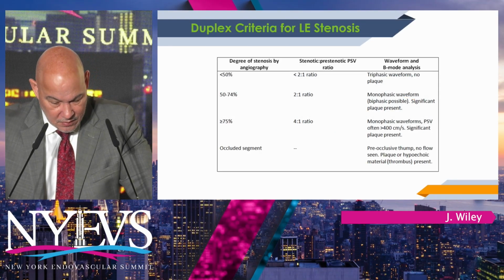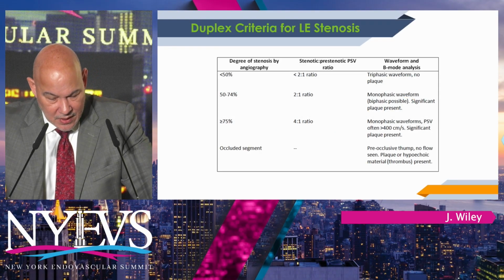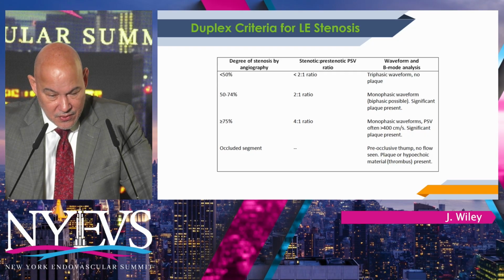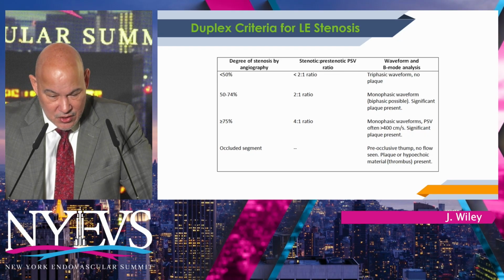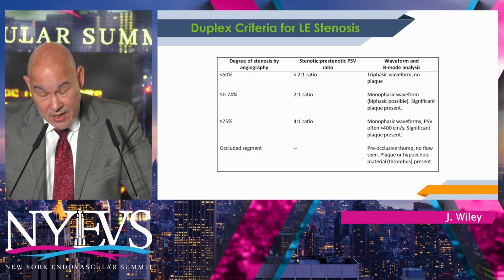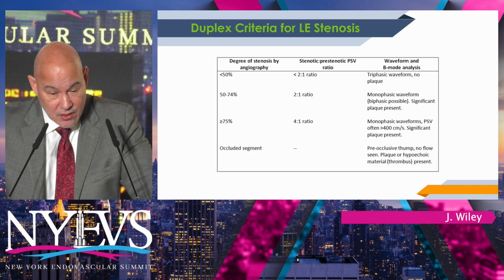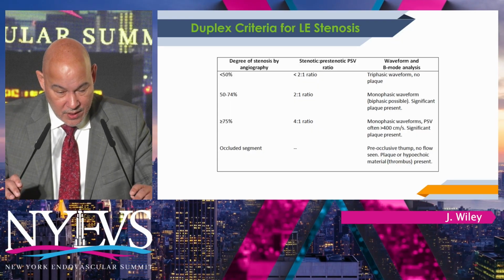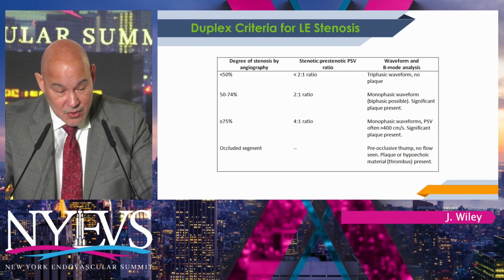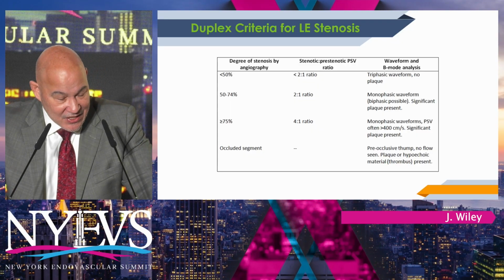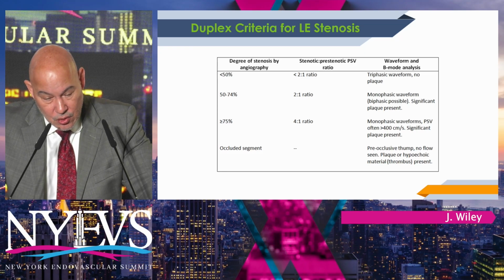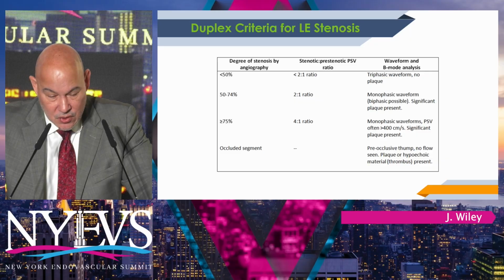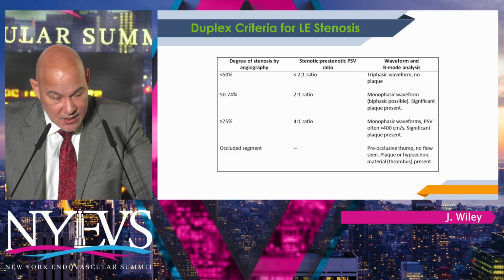And we can also ascertain the degree of stenosis. For that, we use stenotic to pre-stenotic peak systolic velocity ratio. Any ratio less than 2 to 1 with triphasic waveforms suggests anything less than 50% stenosis. A 2 to 1 ratio with monophasic or biphasic waveforms suggests a 50 to 74% stenosis.